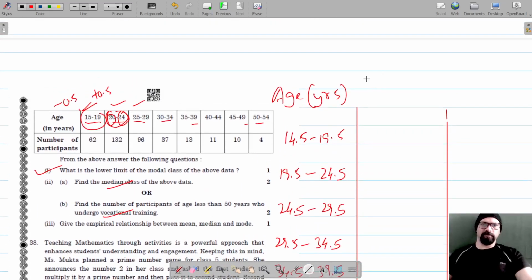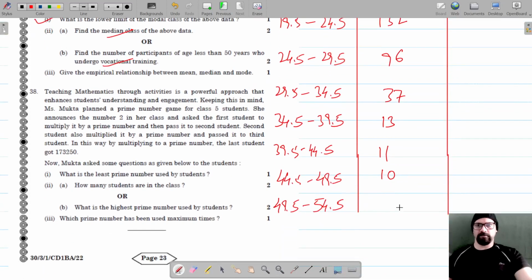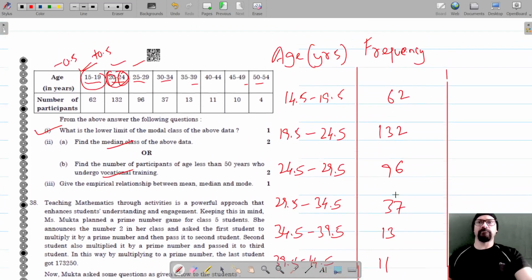Let's put down the frequencies. The frequencies are 62, 132, 96, 37, 13, 11, 10, and 4.